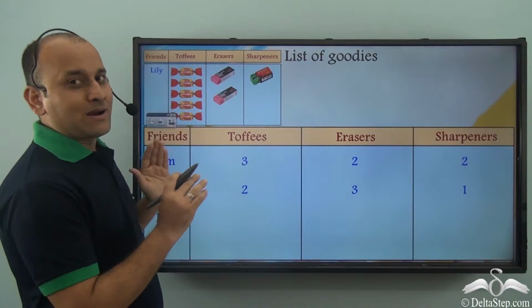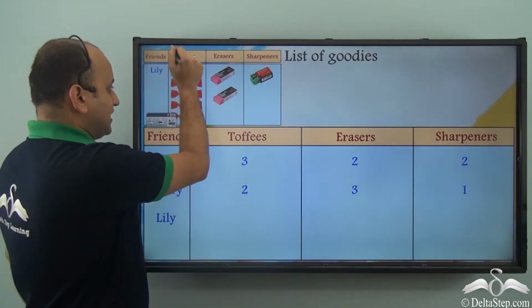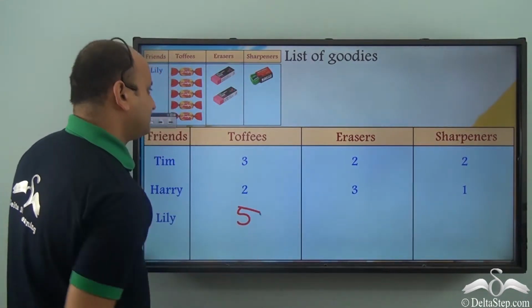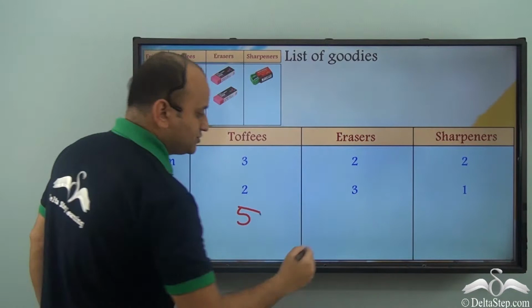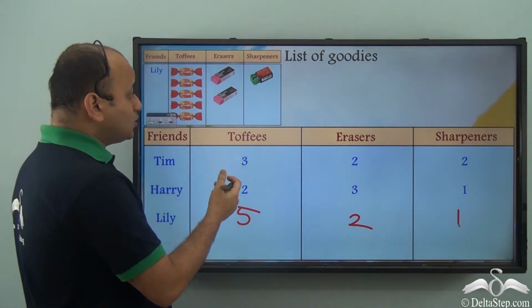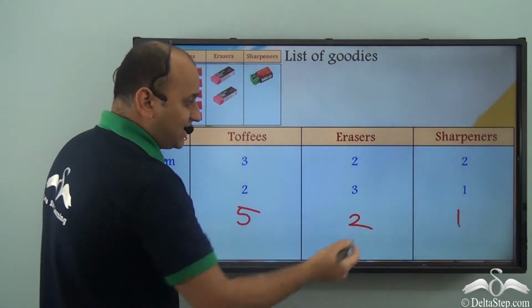Although there are no numbers mentioned, just images. So in the case of toffees, Lily collected 5 of them. What about erasers? 2. And sharpener? 1. So again, we have been able to interpret this pictograph and find out Lily's collection.